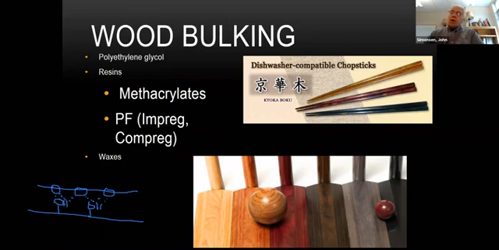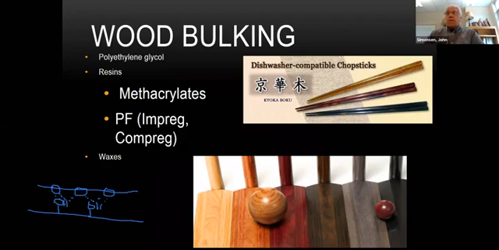So instead of blue dye or instead of a preservative, like micronized copper or something, you can inject a polymer monomer like methacrylic acid, and then with a catalyst so that it will polymerize when you heat it up, or you can inject low viscosity glue like phenol formaldehyde, PF.